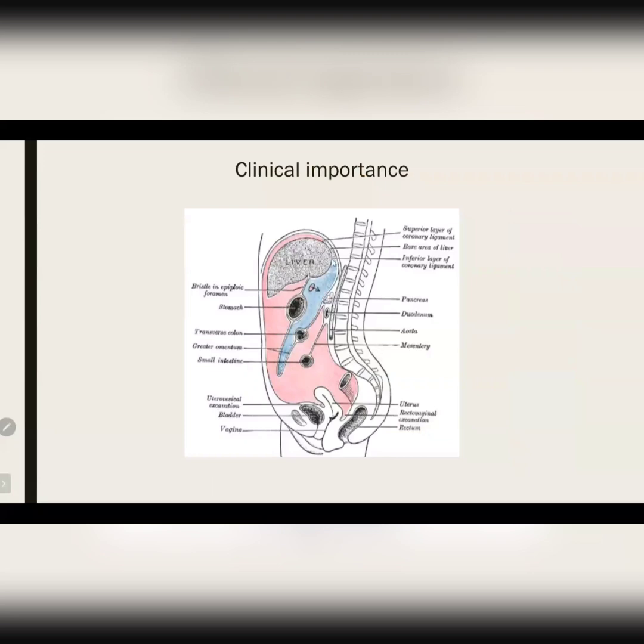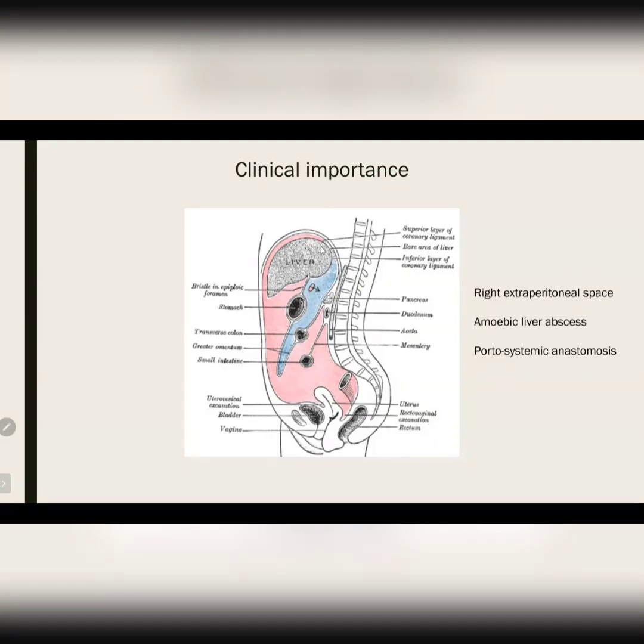Okay, this is the liver, and here is the bare area, the posterosuperior region of the liver. So in certain conditions like liver abscess, amoebic liver abscess, sometimes when the abscess is very large, it can rupture and the microbes can travel from abdominal cavity through the diaphragm, and the infection can spread to the base of the lung as well.